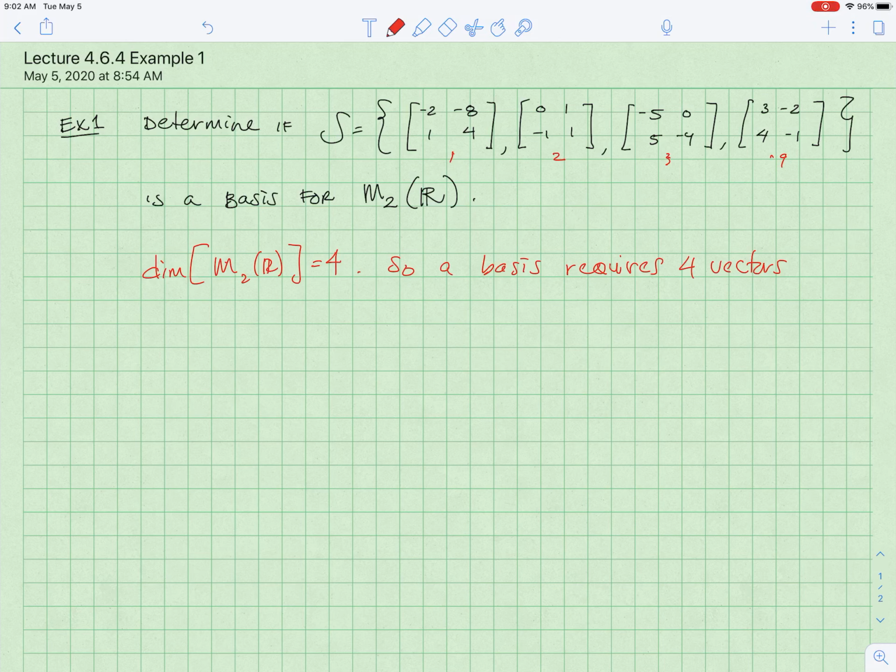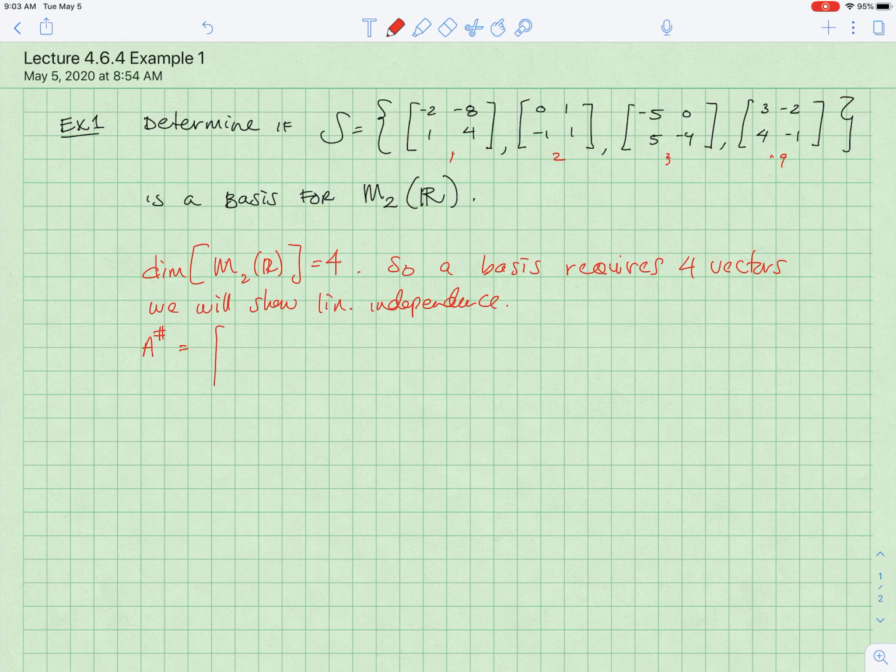Now, by our dimension and basis theory, since we have dimension 4, we either have to show that our collection of 4 vectors is linearly independent or that it's a spanning set. So if we simply take the augmented matrix, we will show linear independence.